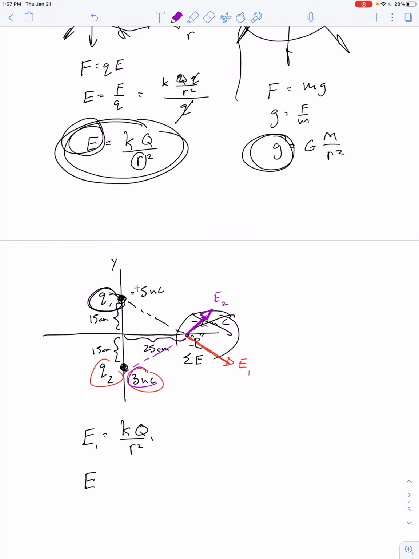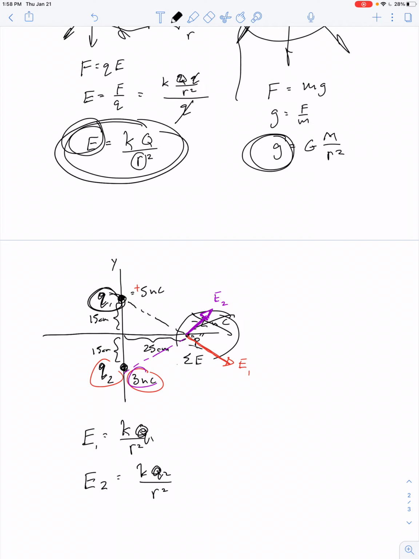So electric field vector 2 would be equal to K times charge q2 divided by r squared. I guess I should be consistent. If I use lowercase q in each of these cases, I'll use lowercase q here. All right.